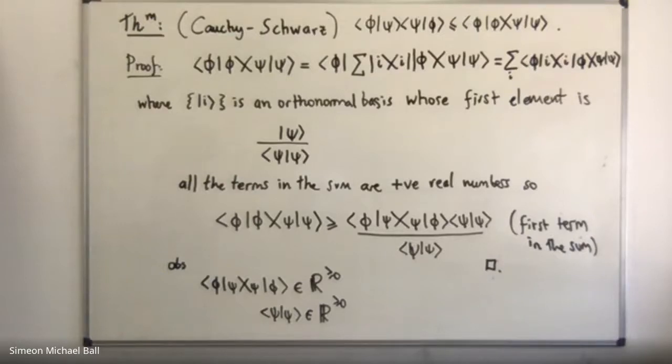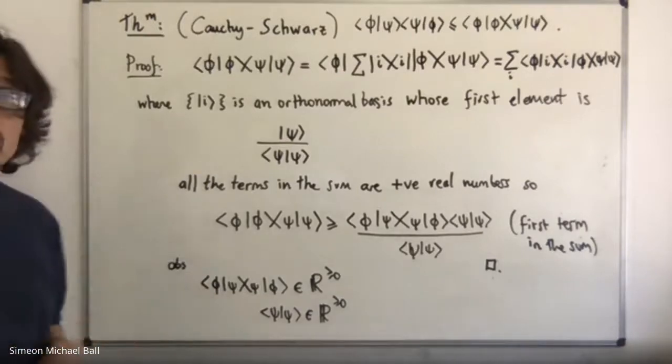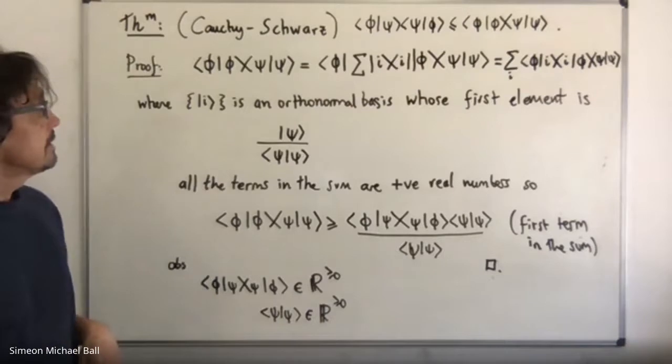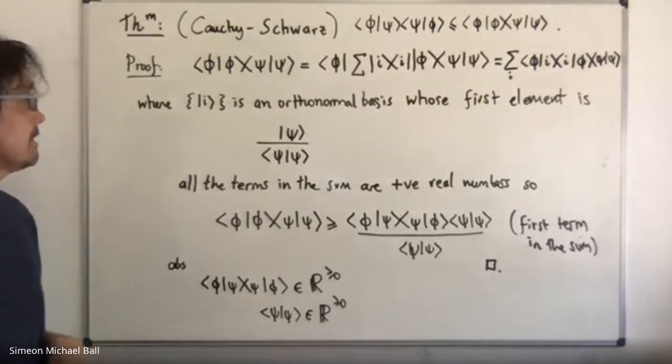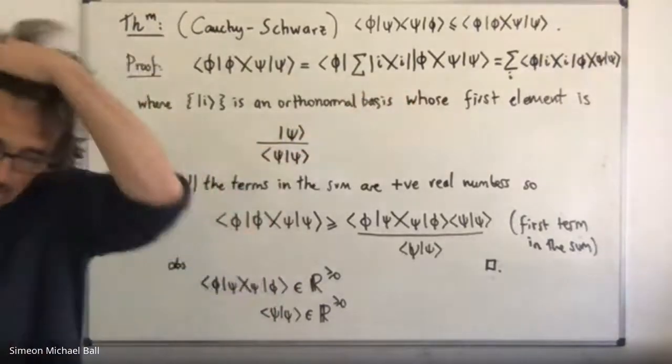So that was a very brief play around, playing a little bit with the Dirac notation. We have to become familiar with this idea of introducing orthonormal bases, which we will usually write as this I thing.